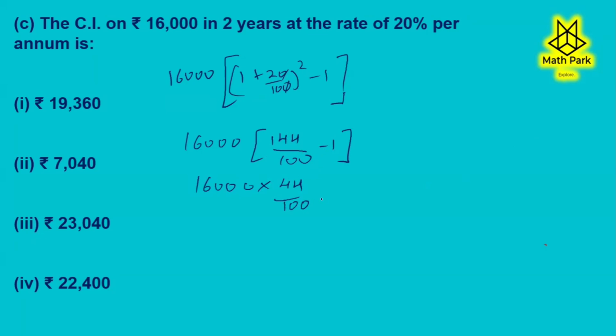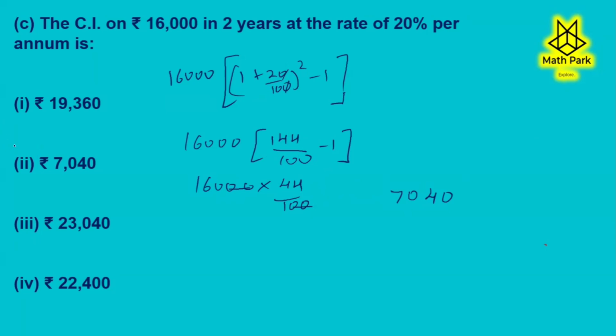Now this becomes easy when you keep it like this, instead of simplifying to 1 by 5, because it is easy to cancel zeros. And 44 times 16, you get 7040. So rupees 7040. The second option is the correct option.